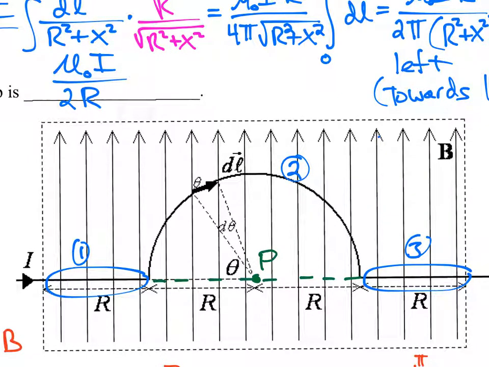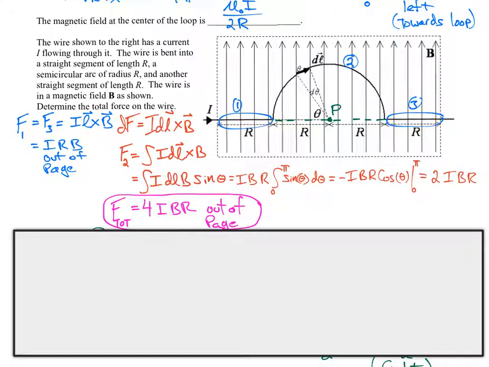So I'm going to zoom out here and we'll get going. As we said before, sections 1 and 3 are easy. IL cross B, that cross product just turns into IRB, and that's out of the page, and that's for 2 sections. So we're going to have 2 of those quantities.